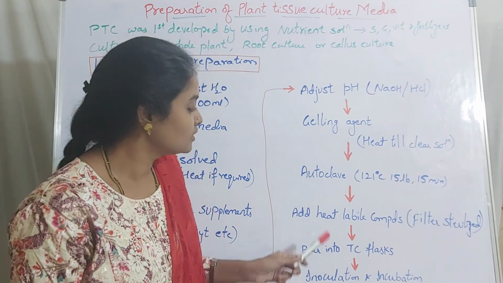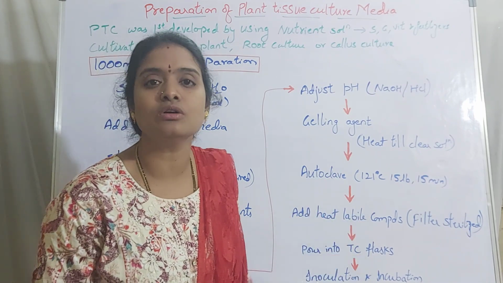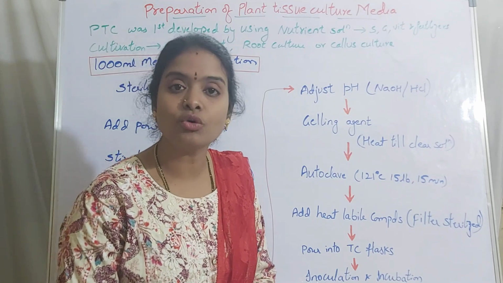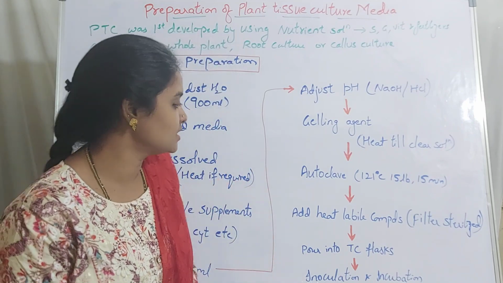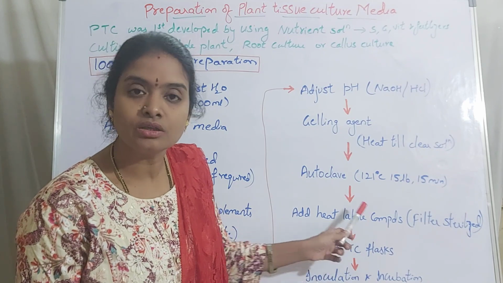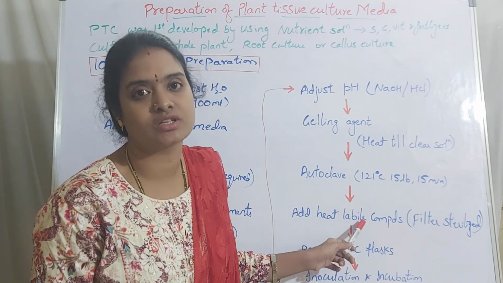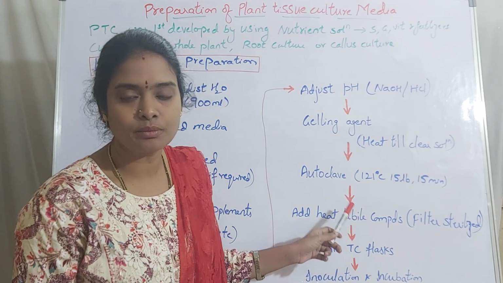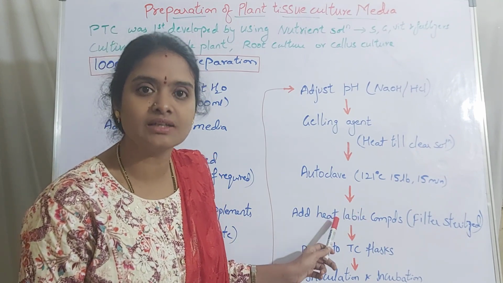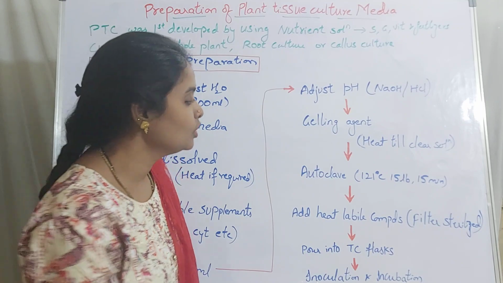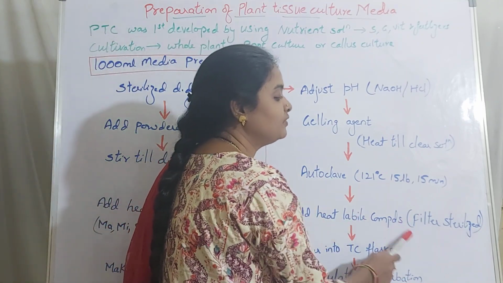The heat labile compounds may also be contaminated, so you have to sterilize them too. Here you can't go for any dry heat or moist heat sterilization, because the compounds may get denatured. So you make use of filters.